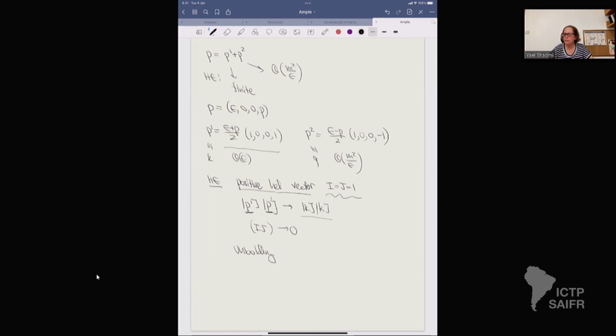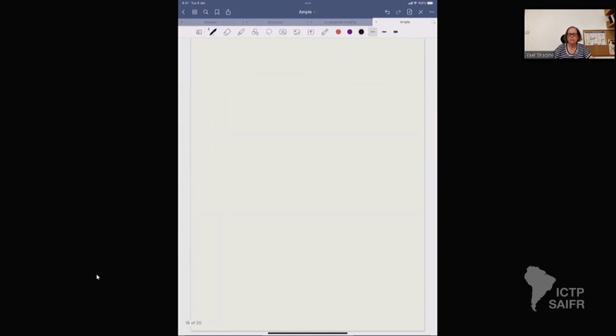The thing that I want to do now is to essentially repeat some of what we did for the massless case, and ask what we can do if we bootstrap these amplitudes.